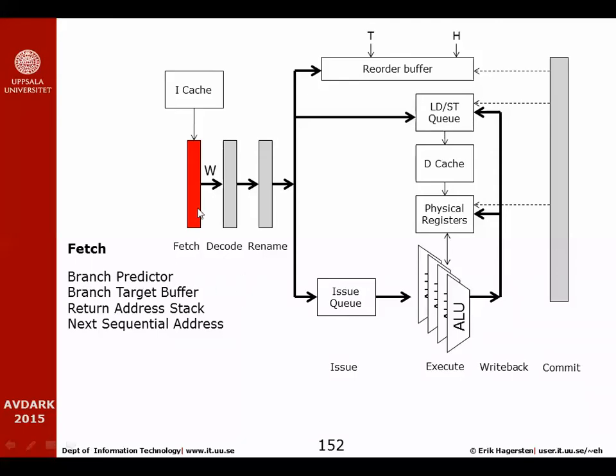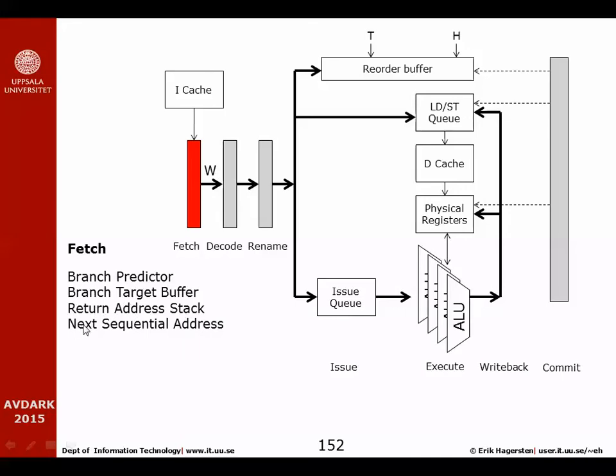So in the fetch stage, that's where the branch predictor is. Depending on what the current PC is, you do a lookup in the branch predictor and figure out whether this branch should be taken or not. We can also have the branch target buffer that stores the instruction we're jumping to in case the branch is taken. Return address stack, that was the one that had to do with returning from function calls.